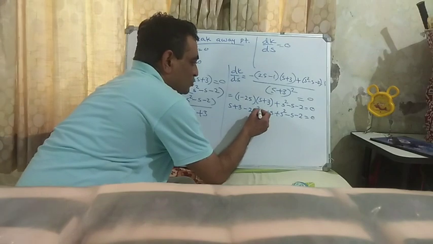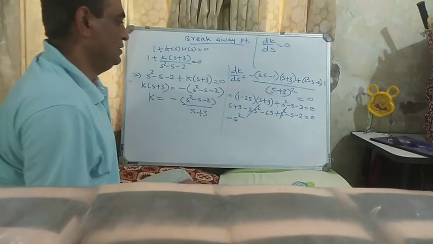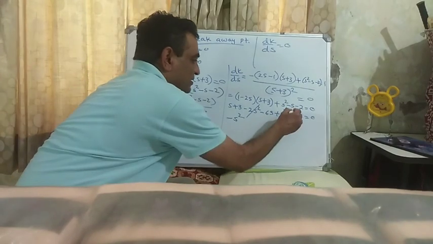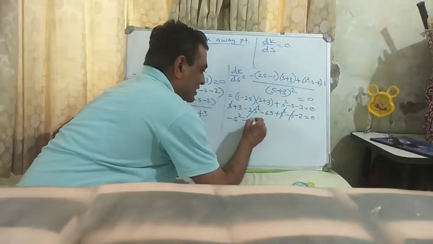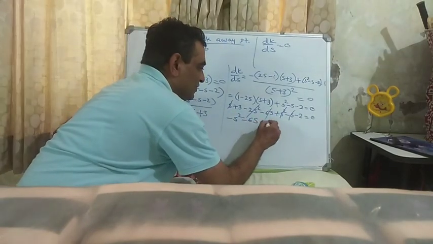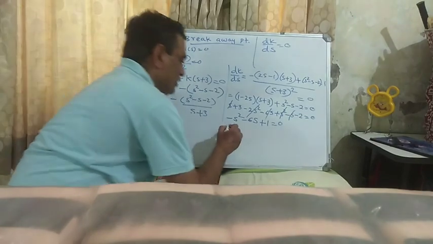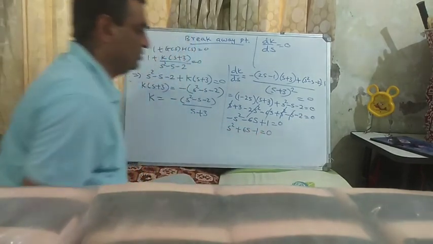So minus 2s square plus s square gives minus s square, then minus s plus s cancels into minus 6s, then 3 minus 2 is plus 1, equal to 0. So s square plus 6s minus 1 is equal to 0.